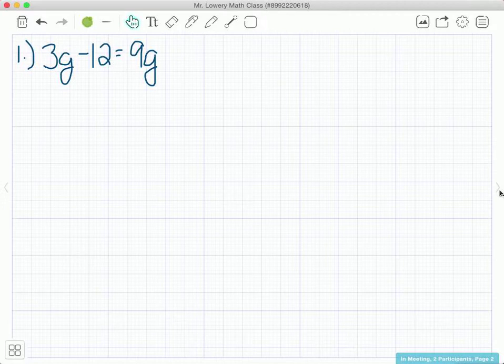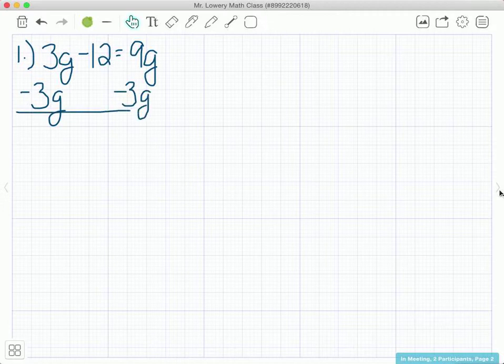Okay, so we need to get any term with a variable on one side and all the terms without variables, those are called constants, on the other side. We do this by subtracting 3g from this side and 3g from the other side.